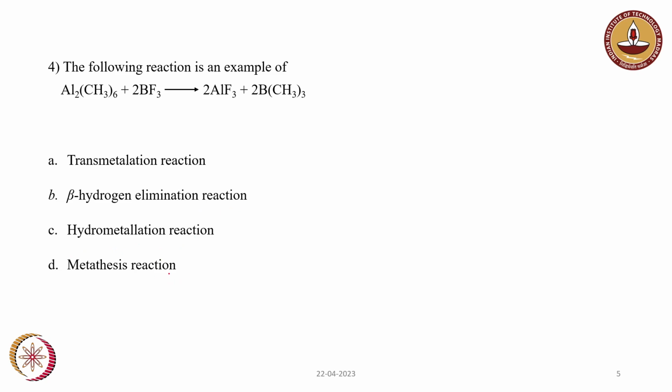In transmetallation, one metal takes the place of another. An example is magnesium treated with RHgBr, which forms Hg plus RMgBr.